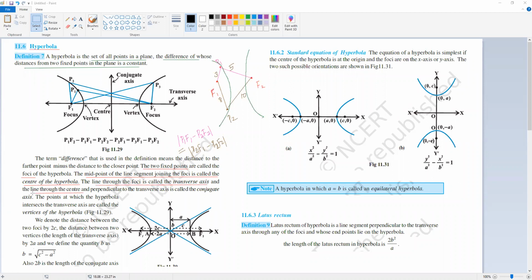The line through the center and perpendicular to the transverse axis is called the conjugate axis. The points at which the hyperbola intersects the transverse axis are called the vertices of the hyperbola. Almost all terms are similar to the ellipse; the only difference is transverse axis and conjugate axis in place of major axis and minor axis.